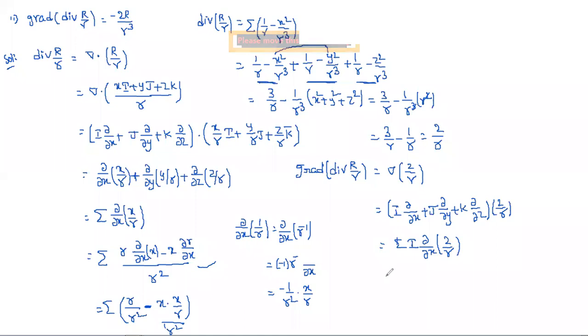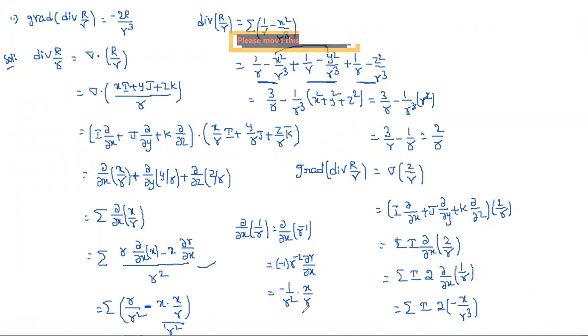So which is equal to summation i into, 2 is a constant so you can write it outside, dou by dou x of 1 by r. We already wrote here that dou by dou x of 1 by r is nothing but minus x by r cube. So what we got is summation i into 2 into minus x by r cube.